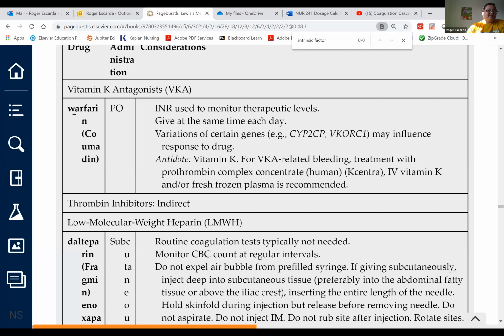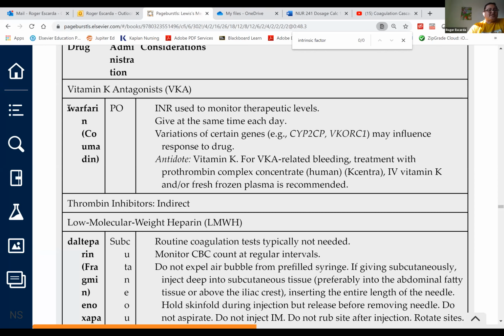So if you give warfarin, is the patient able to make clotting factors? No. Are they now at risk for developing more clots? With warfarin? Yes. But don't they give it if you have a clot, so that it thins out the blood?